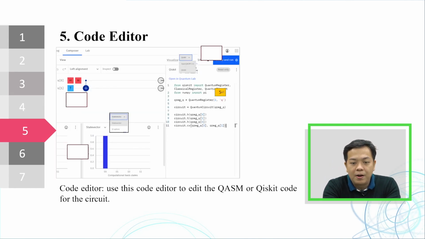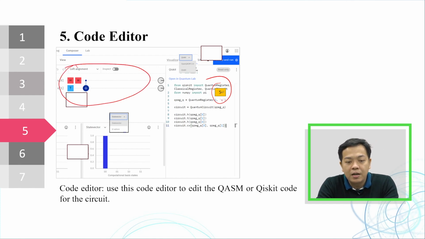About the file, after you create operations in the circuit, you will see the quantum code. It has two types: OpenQASM format, or Qiskit, yes, this Qiskit code format.